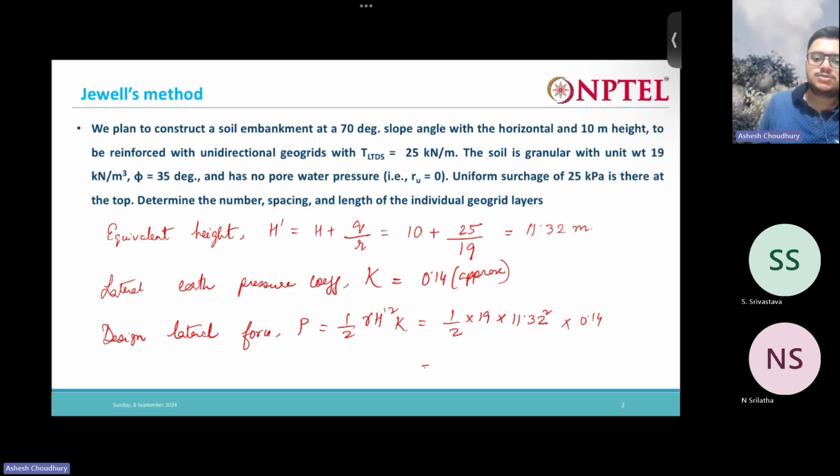So please calculate this one: half into 19 into 11.32 square into 0.14. Please calculate this. It comes as 170.43.